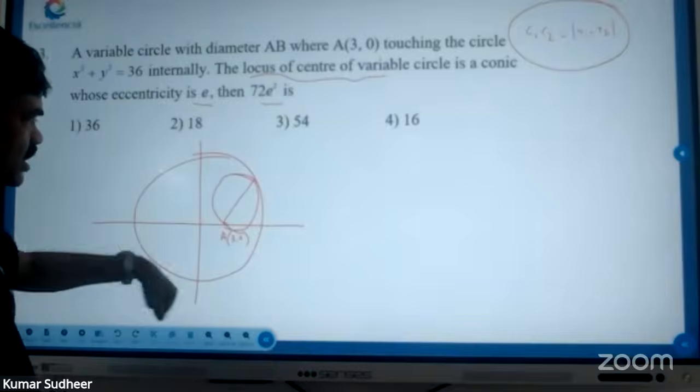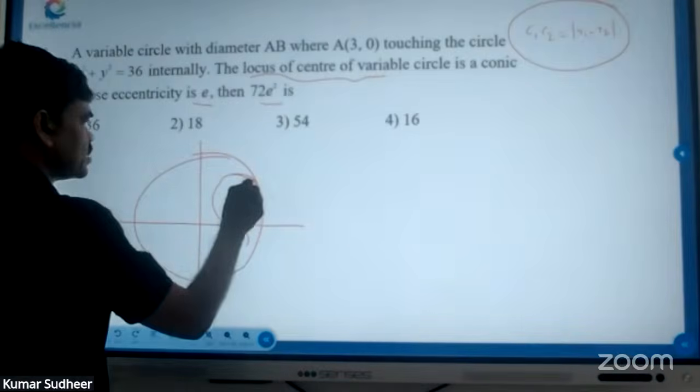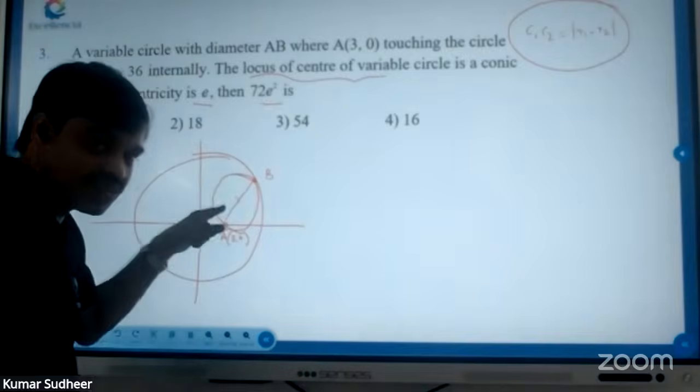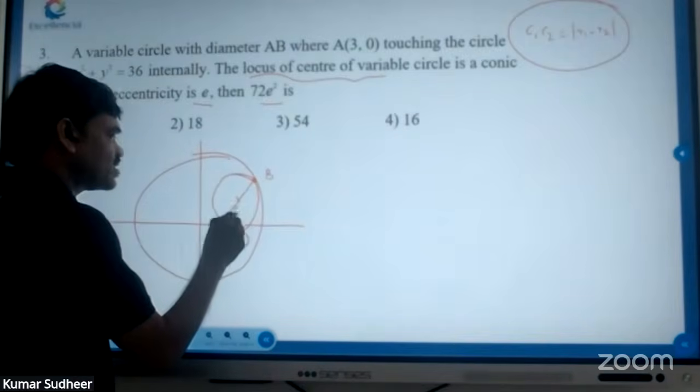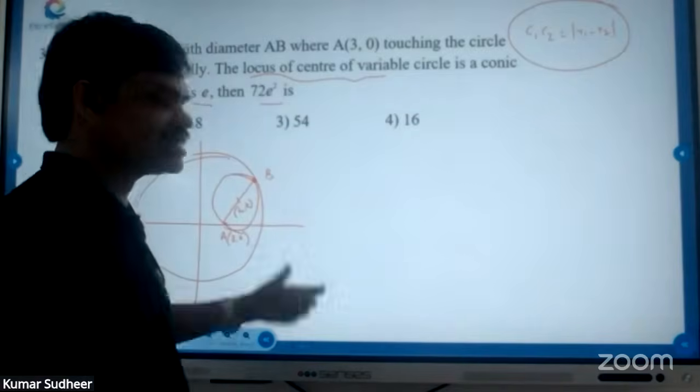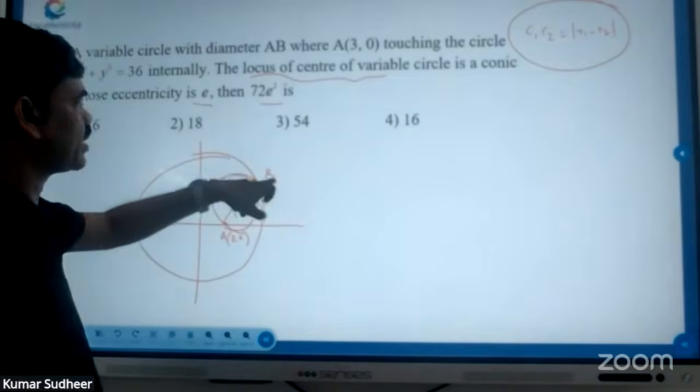So two circles touch each other. They are asking the locus of the center of this circle. So let us take this point as (h, k) and try to find out what B is.